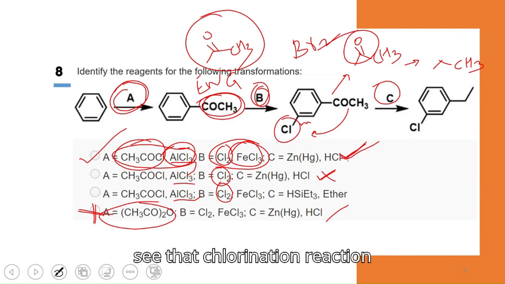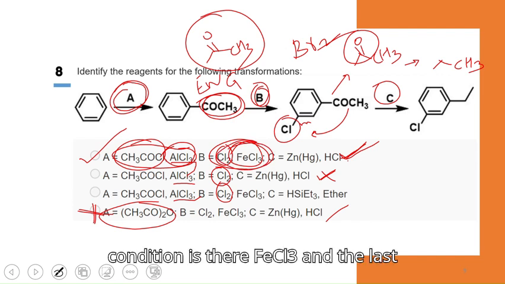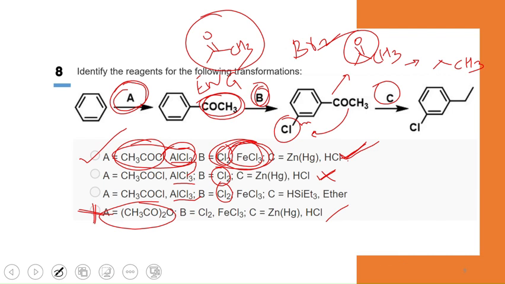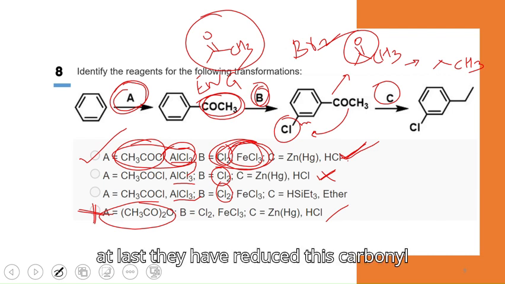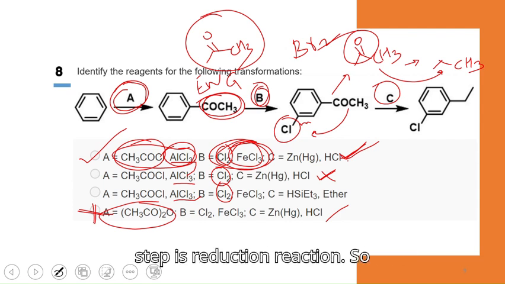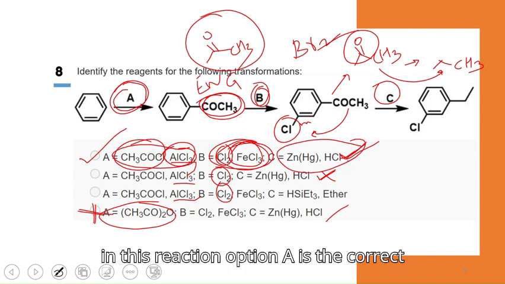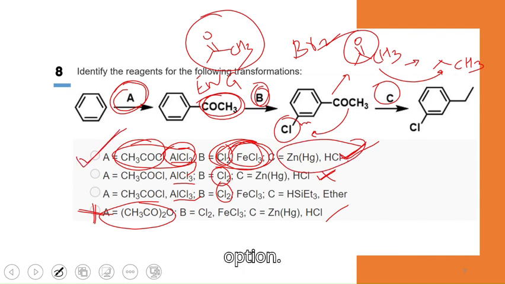Again you can see that the chlorination reaction condition is there, FeCl3, and at last they have reduced this carbonyl group to make it an alkyl group. So the last step is a reduction reaction. That's why the reduction is taking place in this reaction. Option A is the correct option.